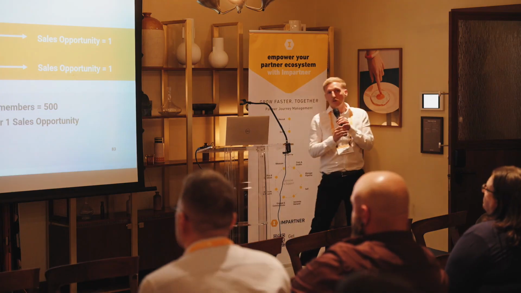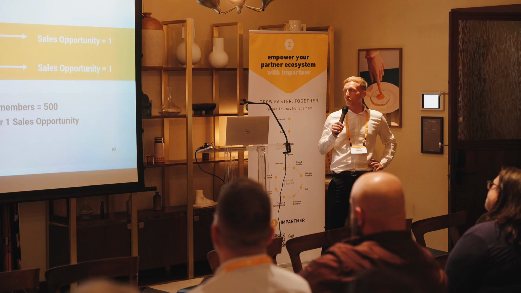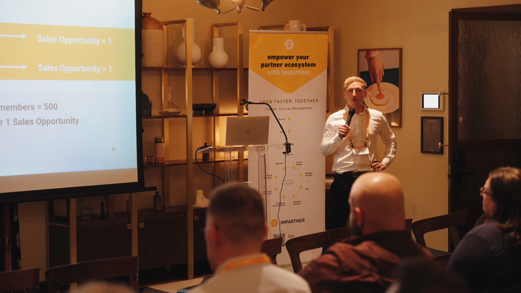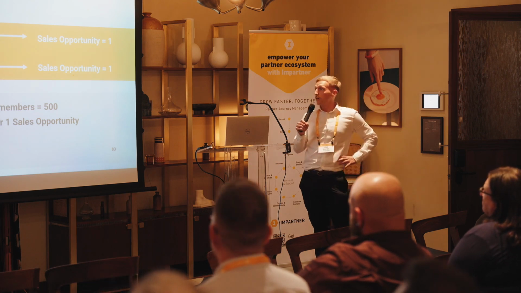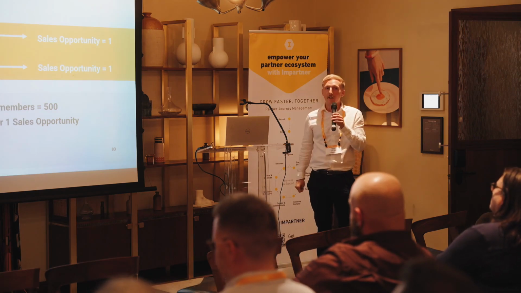If your partner on average has about 500 followers or 500 email subscribers, you need around 22 emails or 20 social posts just to create one sales opportunity. That explains why a lot of partner marketing campaigns fall short. It's not because the content isn't good. It's because the volume just isn't there. So by introducing automation, you're removing those barriers, you're creating consistency, and you're allowing the partners to hit these numbers with minimal effort.